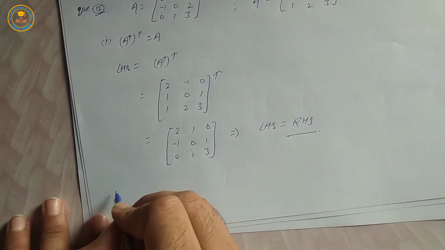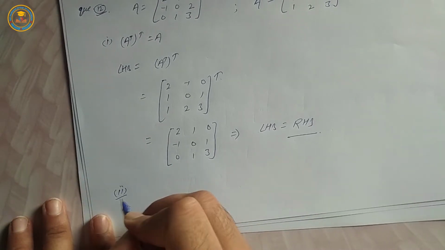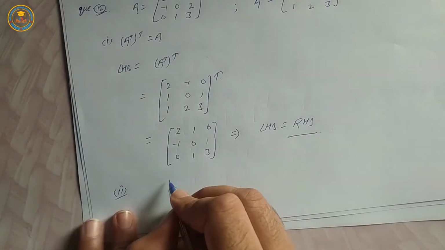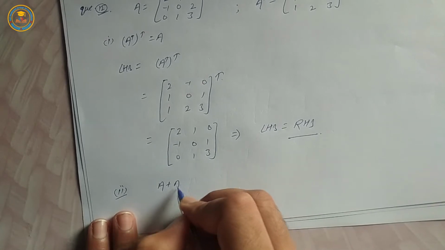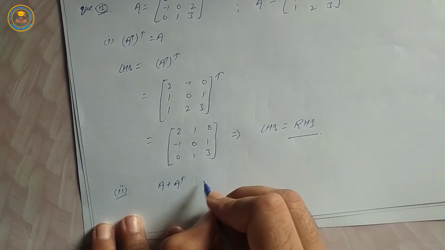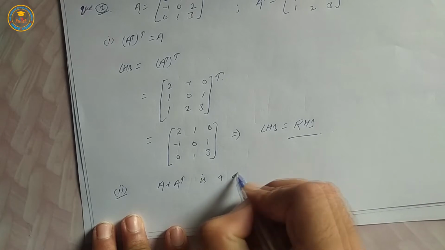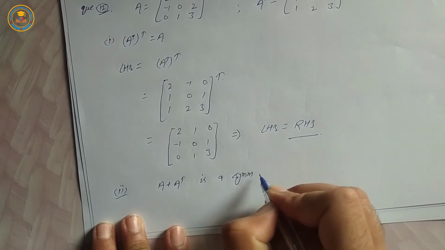Next, second question: A plus the transpose of matrix A is a symmetric matrix.